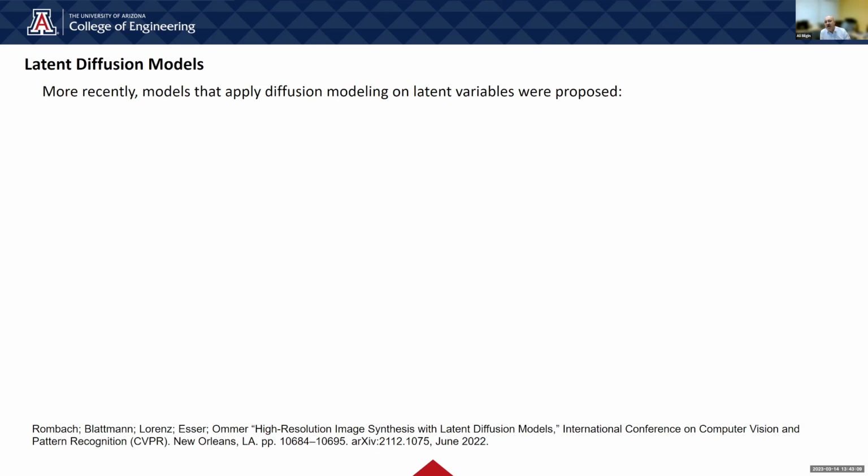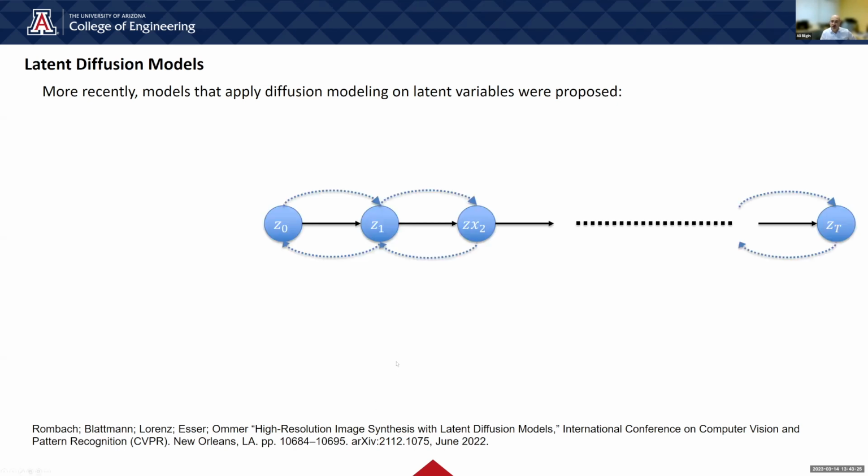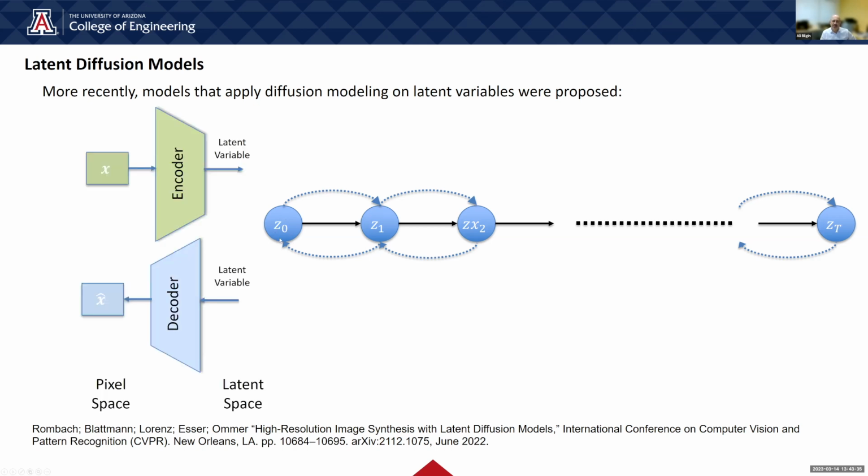The challenge is that when you have very high resolution images, the training and learning is more difficult. So people have thought, why don't we compress the data before we apply this diffusion process? Instead of learning over X's, which represented our images, they learn over latent variables.